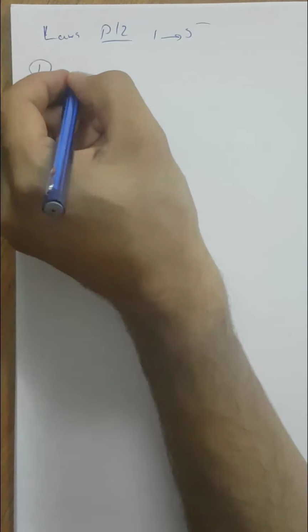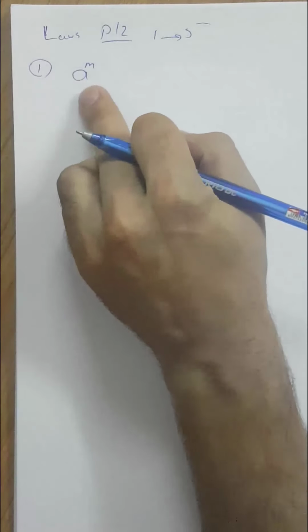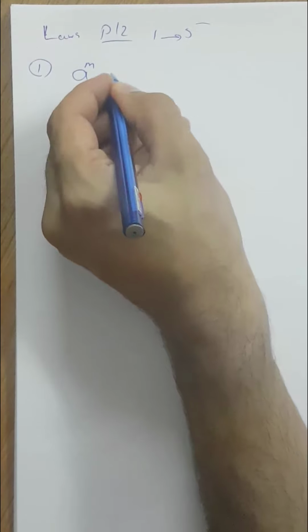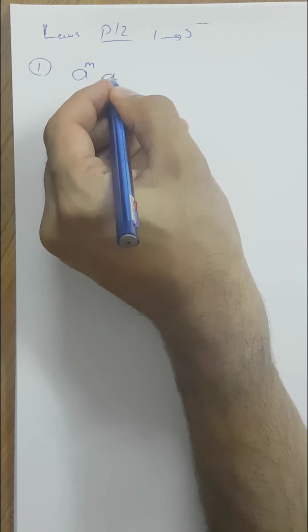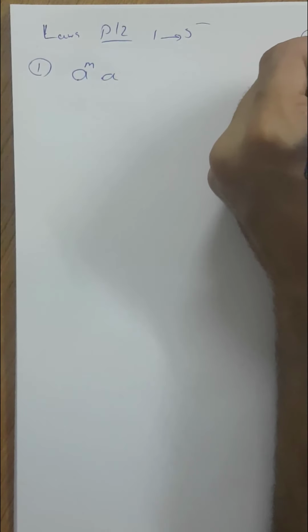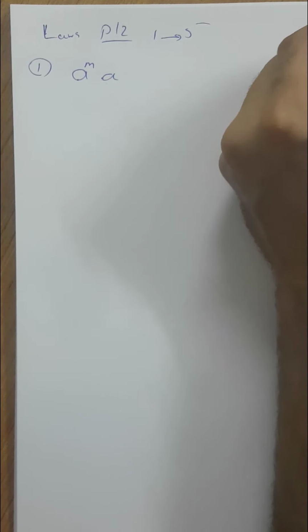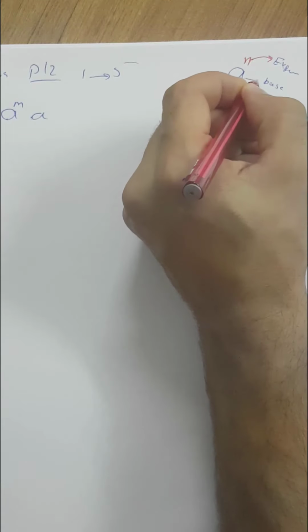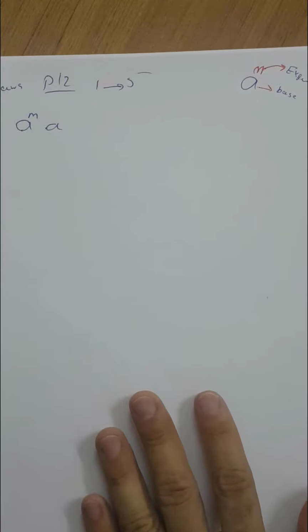Okay, so the first one is what? If I have a to the m, here a is any number, m is any exponent, multiplied by another number with the same base. So in the exponent we have a base and an exponent. Here's the base, here's the exponent, n or m, or any other symbol that we will use.